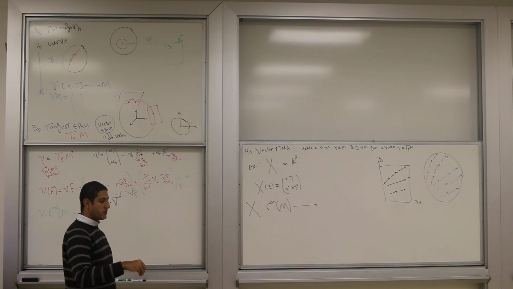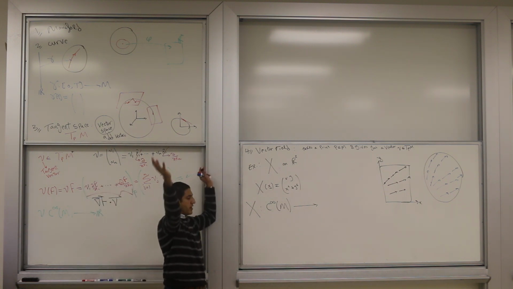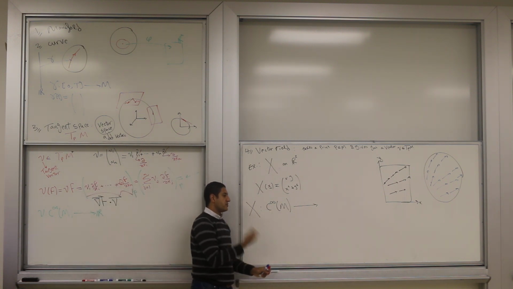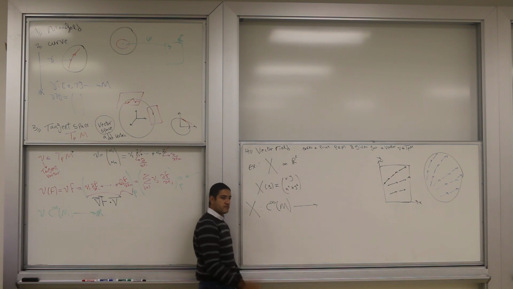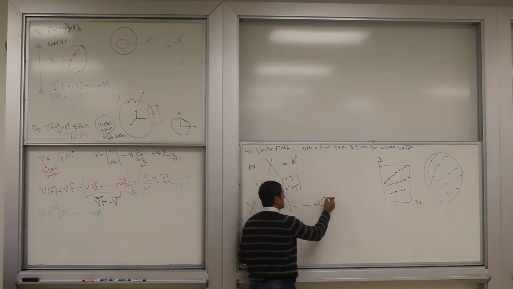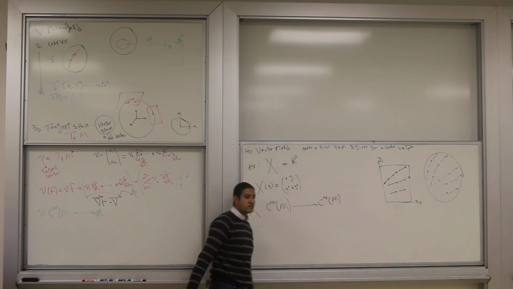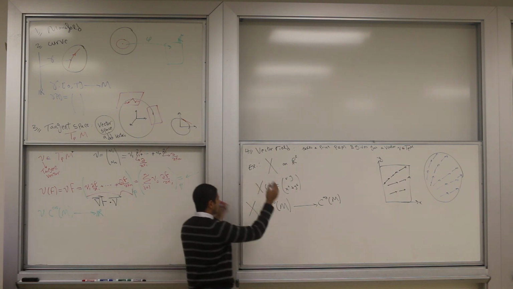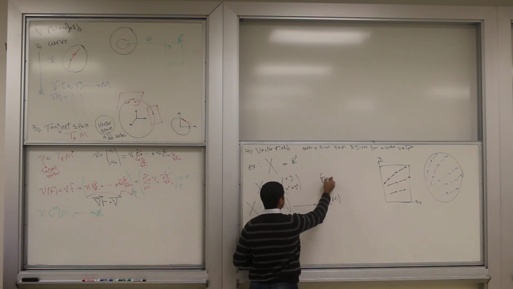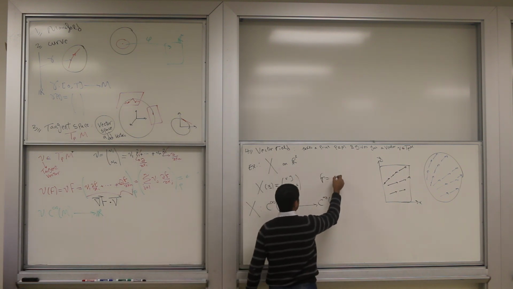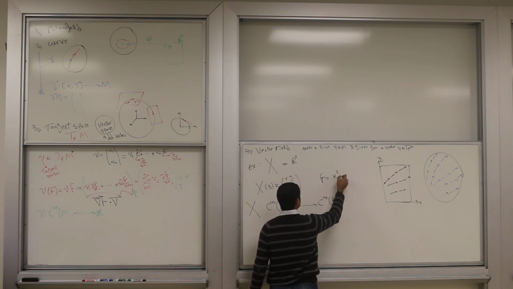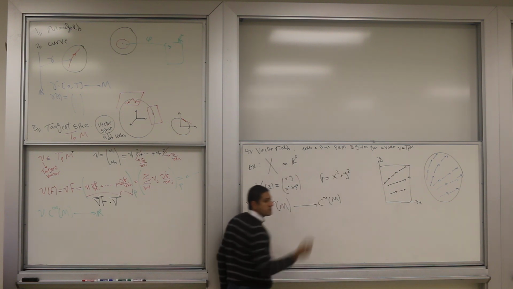It's only defined at that point. But this guy is defined everywhere, so it takes a function and differentiates it. It will return you back another function. Why? Because simply we are not substituting at the point. Just take an example. Here, X of f, where f is maybe x squared plus y cubed, okay?